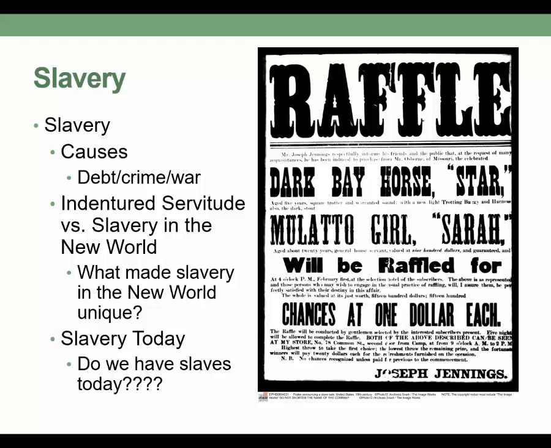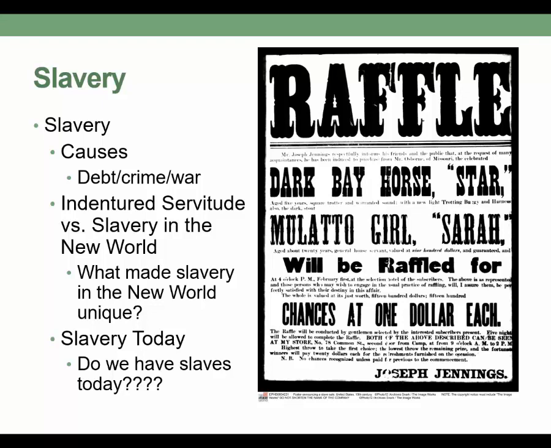And if you had a child from a master or from someone who was white, instead of that child taking the status of a non-slave, they took the status of slave. And so that is largely what made slavery in the New World unique. So that is kind of the old versions of slavery, both the New World and the Old World.